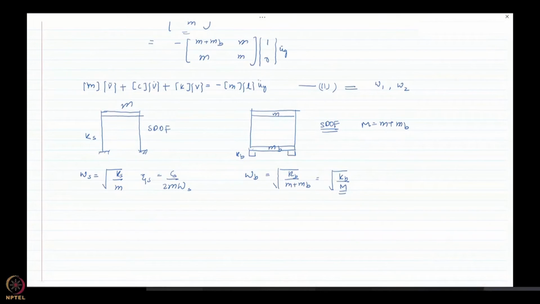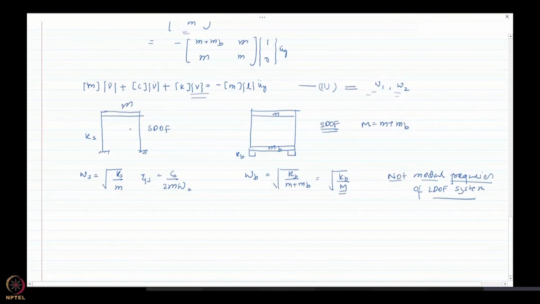What do you think? Remember, these are not the modal frequencies. These are just the frequencies of the two structures that we have defined. These are not the modal frequencies of the 2 degree of freedom system. It won't be the same, although it might be close depending upon some parameters.